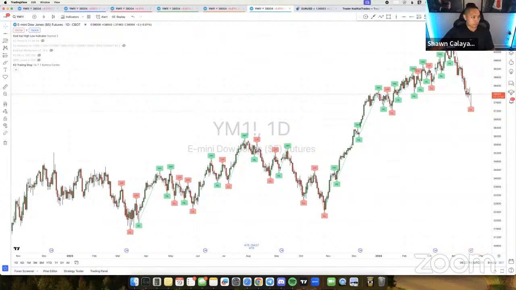Give me 1 second while I reconnect my Ninja Traders. The last time that happened, I pretty much got a couple of my positions stuck.